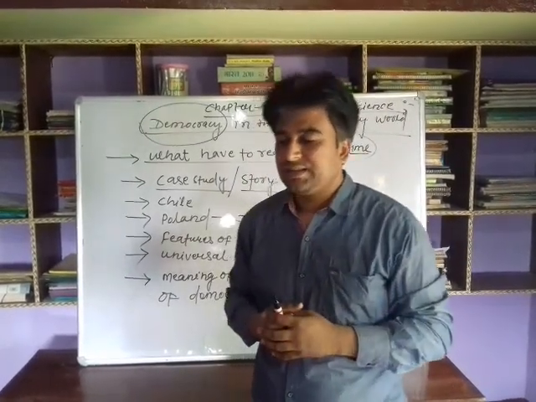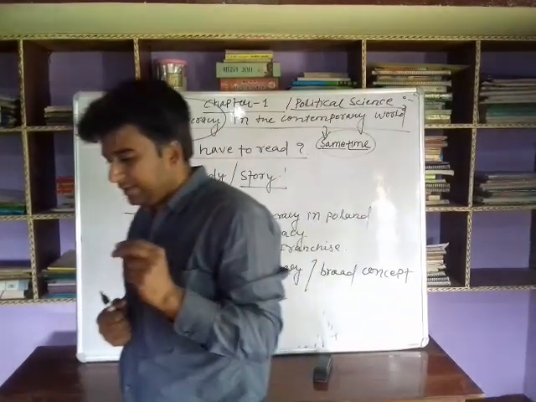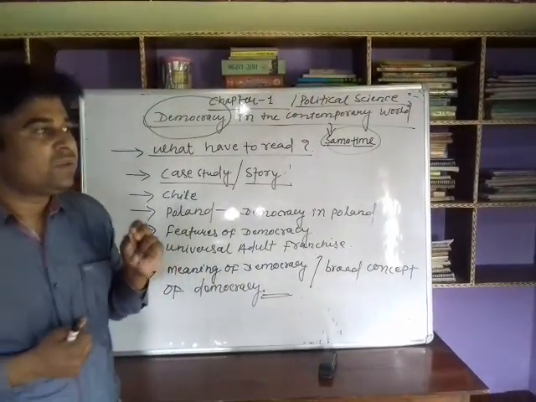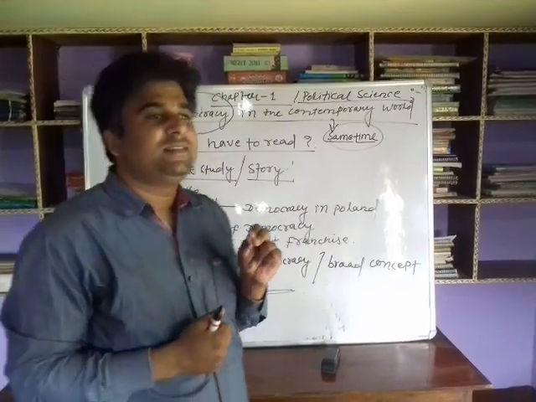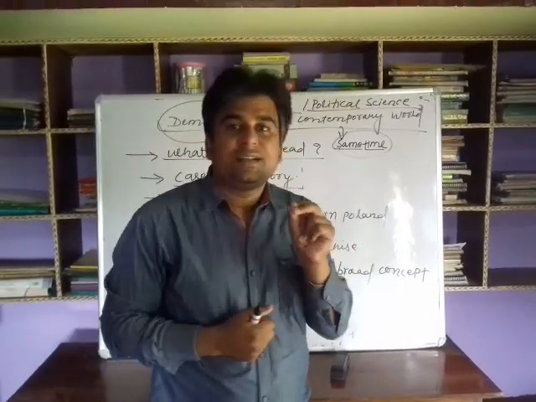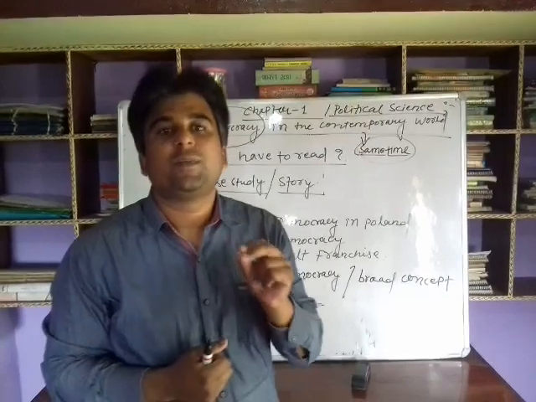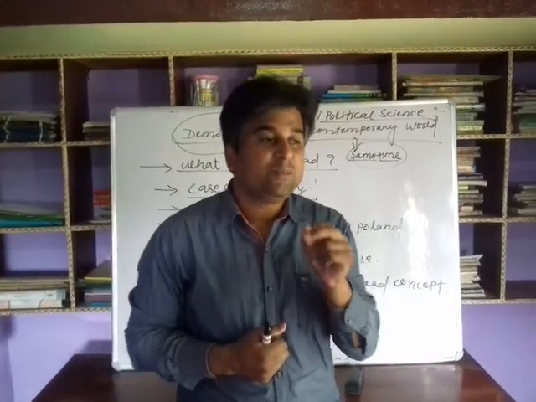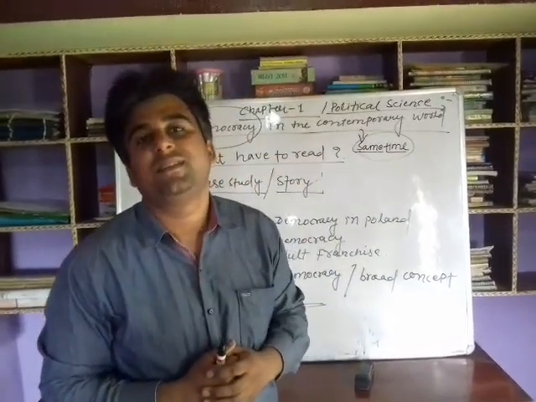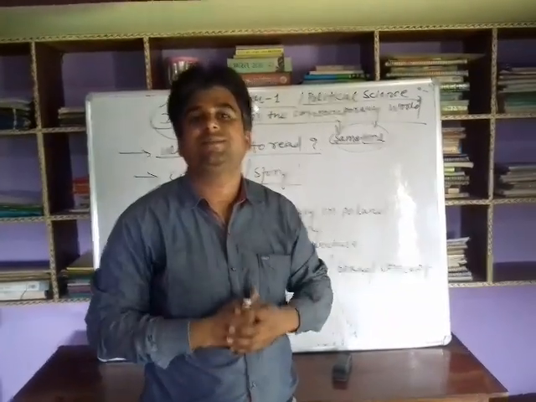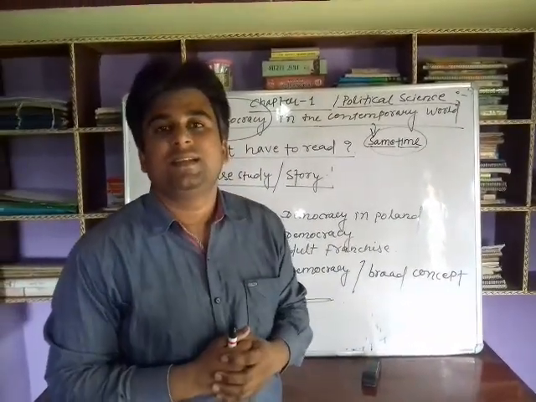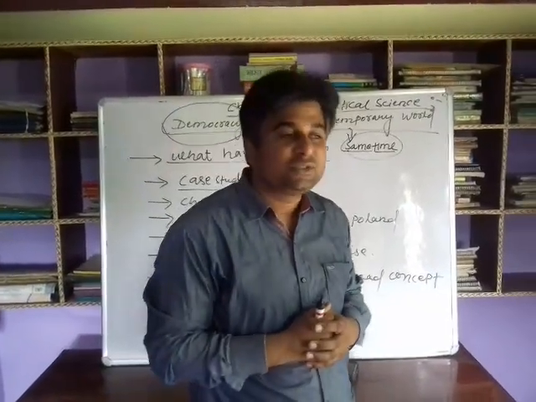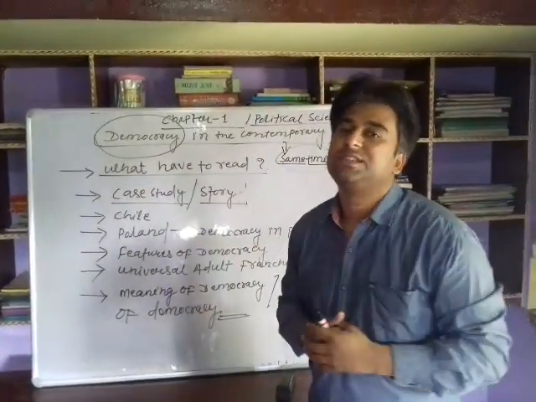Dear students, if we go through the real meaning of democracy, then democracy is a form of government where people choose their representatives without any fear. This is the definition. But it's not a broad concept of democracy.